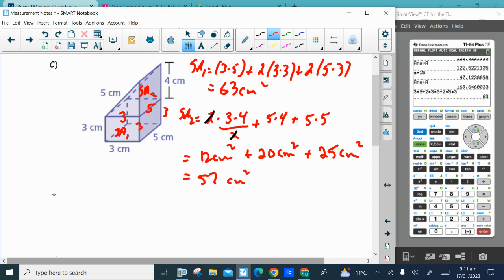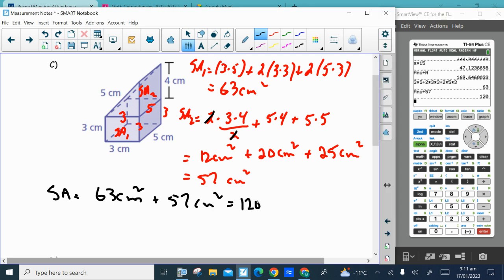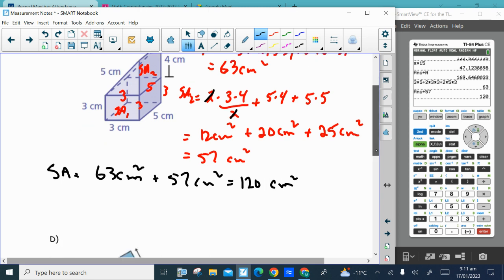And then our total surface area is found by adding these together. So 63 plus 57 is 120. So there's the area of all those faces added up.